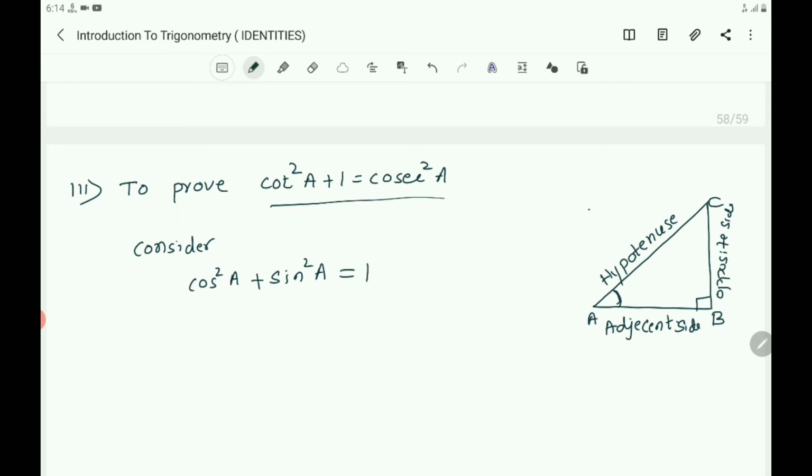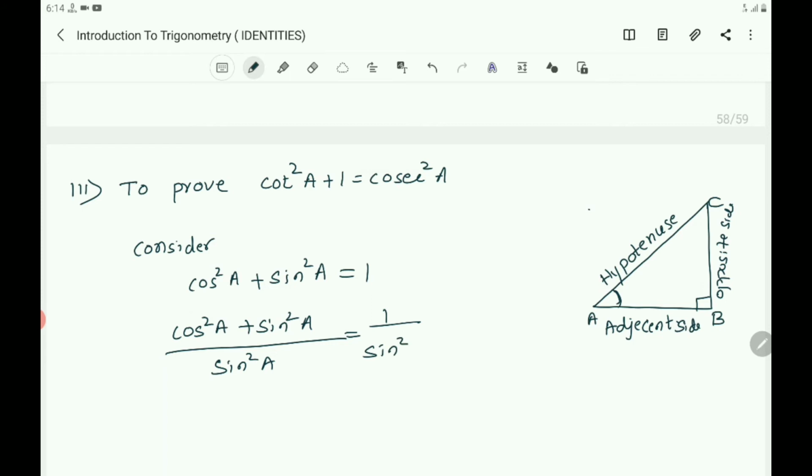To get this relation, you divide both LHS and RHS by sin square a. First you divide LHS, cos square a plus sin square a whole divided by sin square a, equals 1 by sin square a.